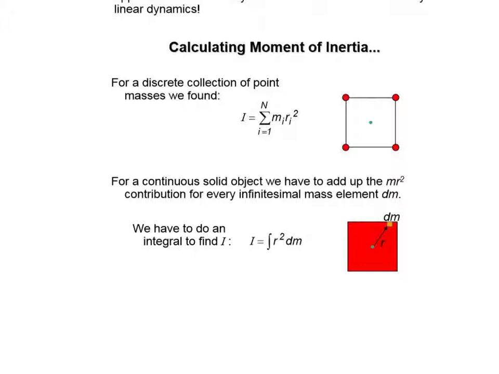And so our summation becomes an integral, and we calculate I for different extended masses as the integral of r squared dm. This slide will contain the derivations of the calculation of I for the required object systems.